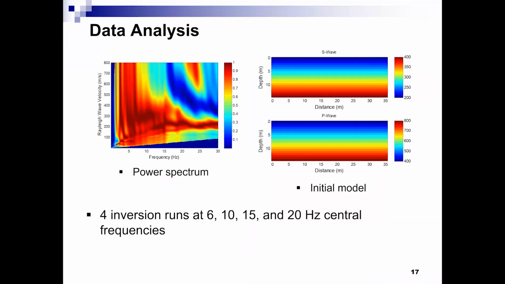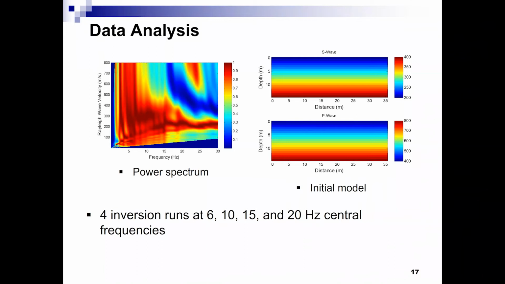Next. So here is the initial model. We began the analysis with the spectral analysis of the measured data. So we have Rayleigh wave or shear wave around 200 meters per second at the high frequency, 30 hertz, and then it goes down to about 400 at the bottom. We don't know, it's kind of funky here. But we can search: we begin with 200 on the top, and then we search for the bottom.